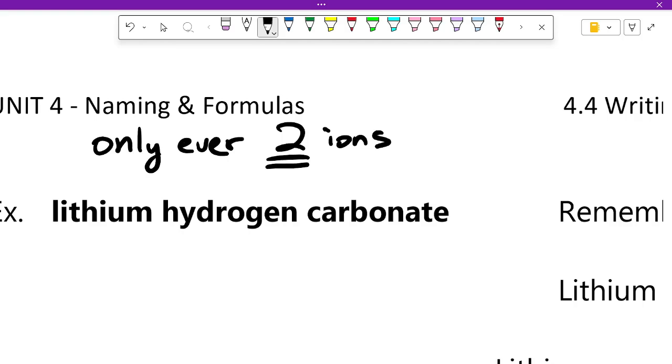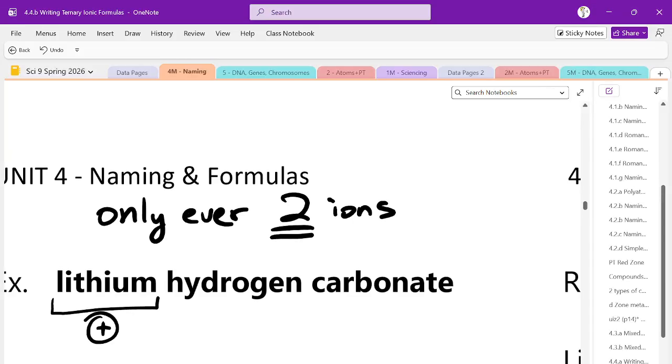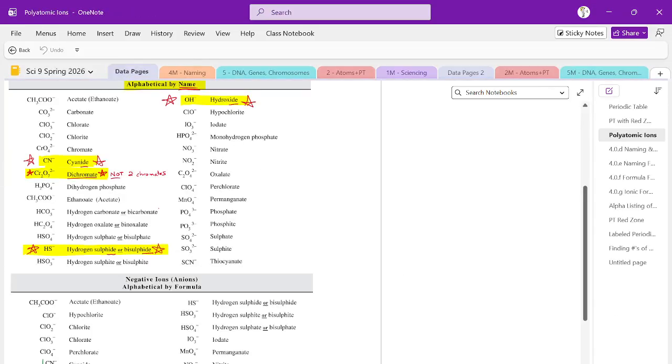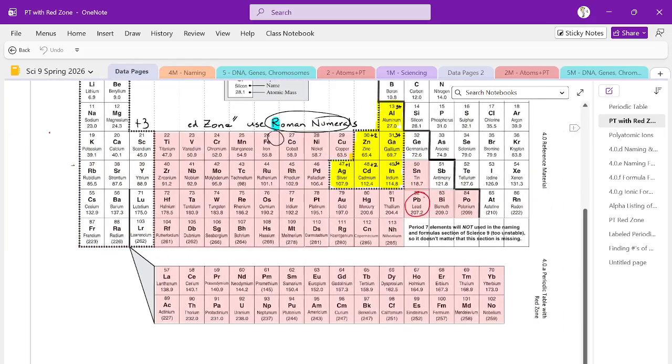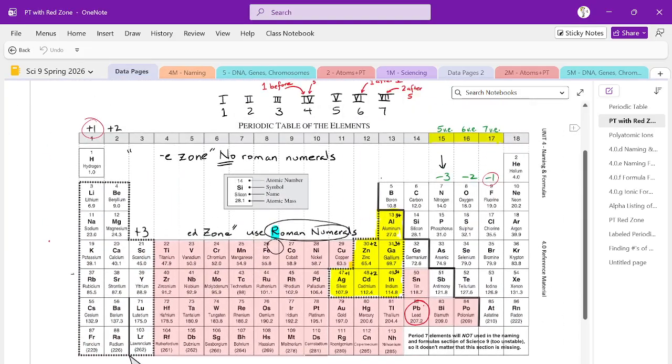Lithium. That's our metal. Is that a cation or an anion? That is a cation. And if you don't know, you can go onto your periodic table and look up lithium. Lithium is here.